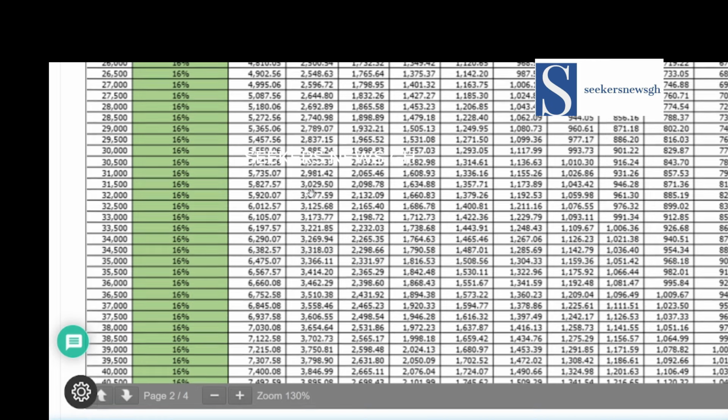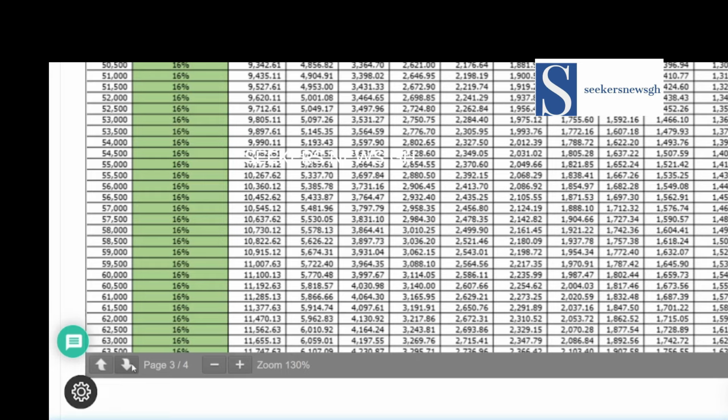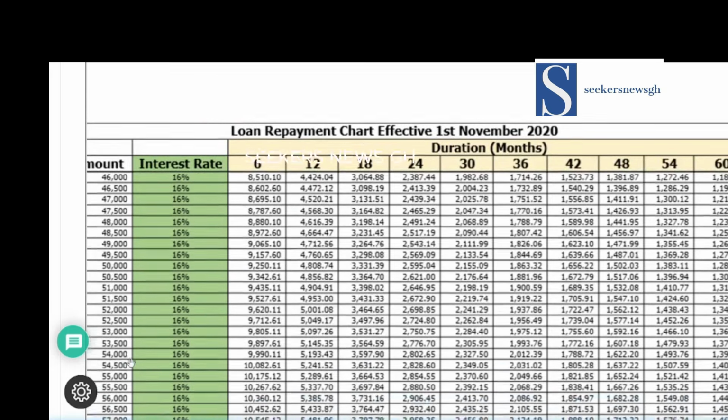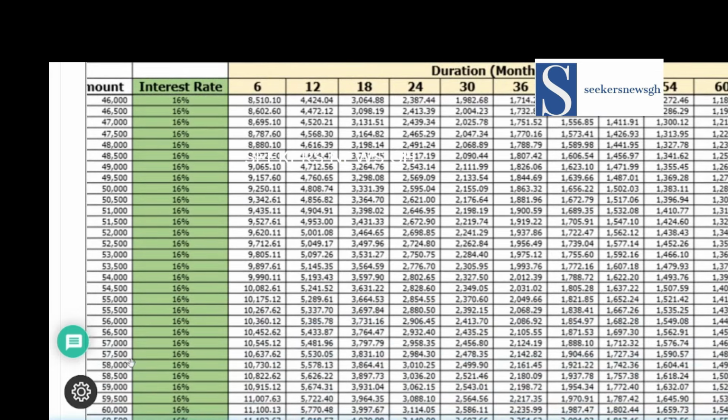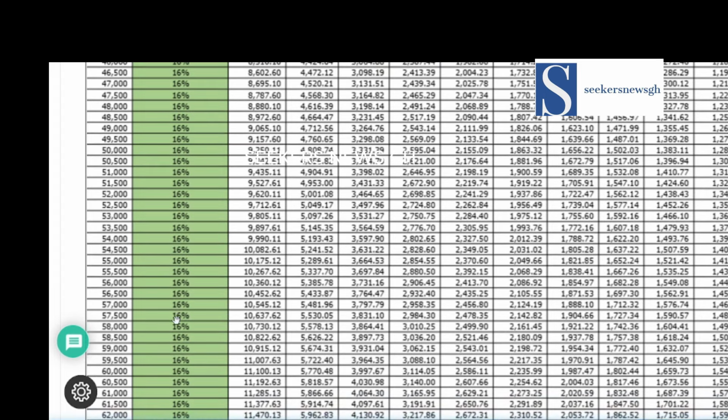Alright, so with regards to why the union can't make it interest free, according to the union, if they make it interest free, by the time they finish reclaiming the money, it would have lost its value. So if you take 70,000 and in 5 years' time you pay the same 70,000, it would have lost value.